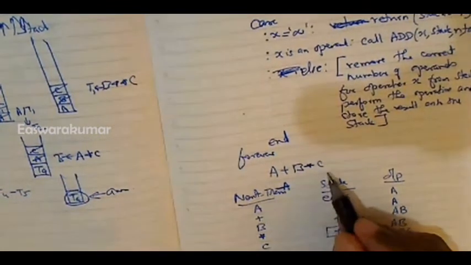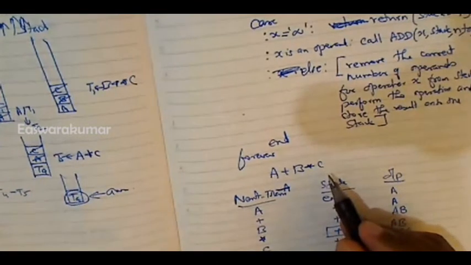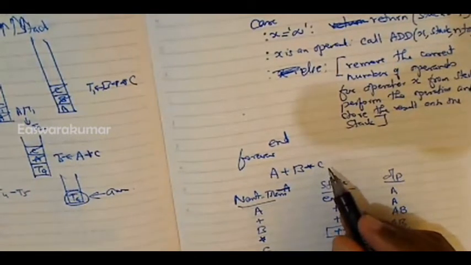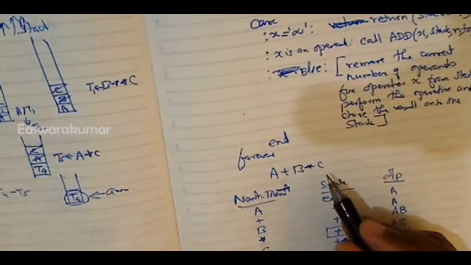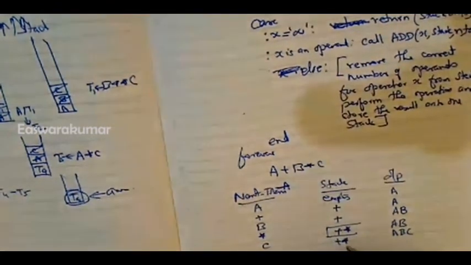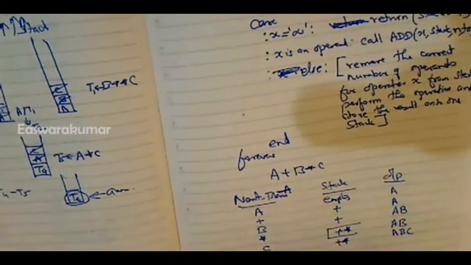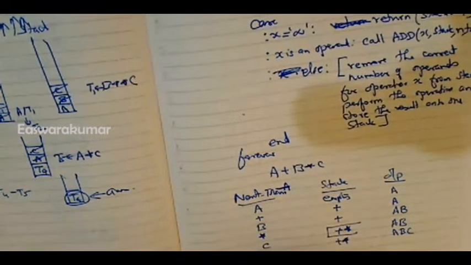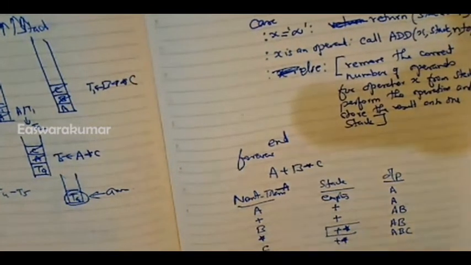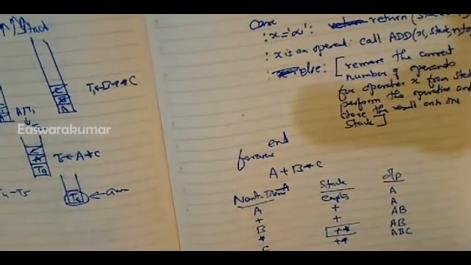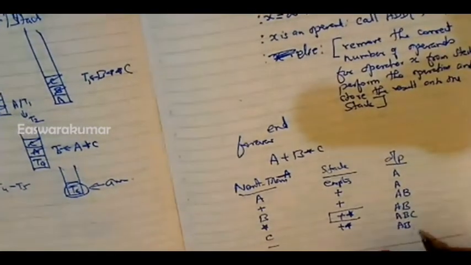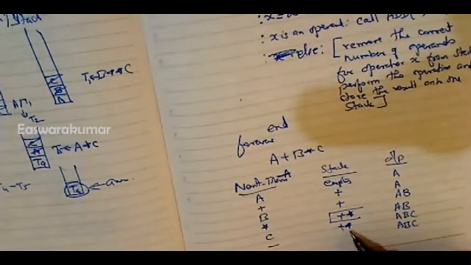Now when we read the next token, it is the end of the string. Maybe we have a special symbol like infinity. When we reach the end of the string, whatever is in the stack, we have to fetch out and write into the output. We fetch the topmost symbol, that is star, so we get ABC star.